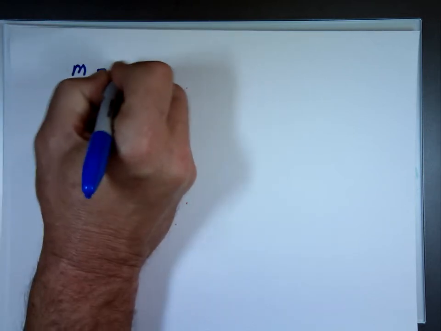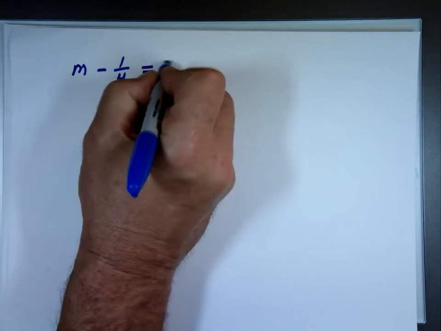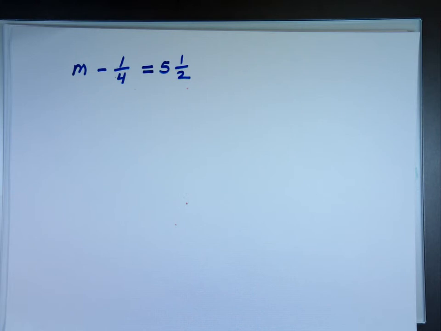M minus 1/4 equals 5 1/2. Let's look and see. What are we going to do here? That's minus 1/4.